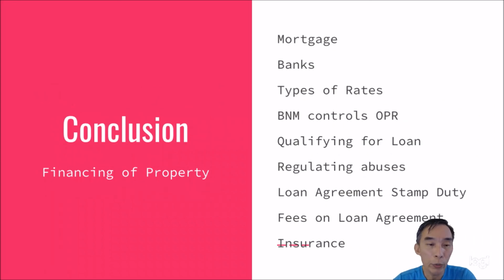In conclusion, we have spoken at length about mortgage as the basis, and how it is in legal aspect as well. Banks, how the banks operate, and types of rates: BLR, BR, SBR, OPR, and other things like Islamic banking and the development banks, and how to qualify for a loan, what is the DSR and the loan to value ratio, how to view all these abuses, and what are the scams that have happened on the banking financial side of real estate.